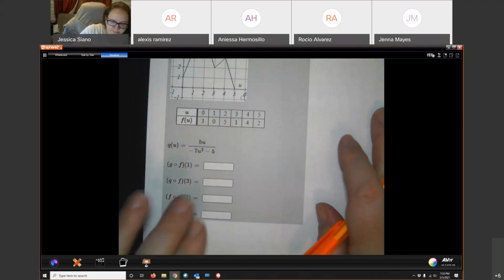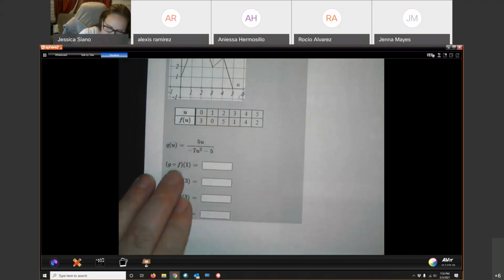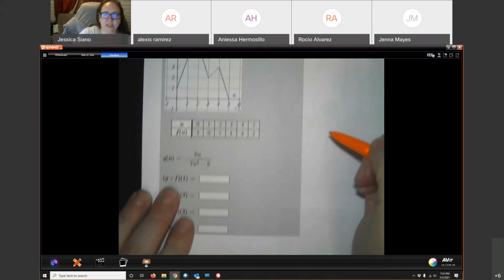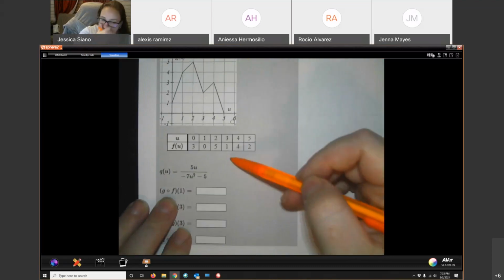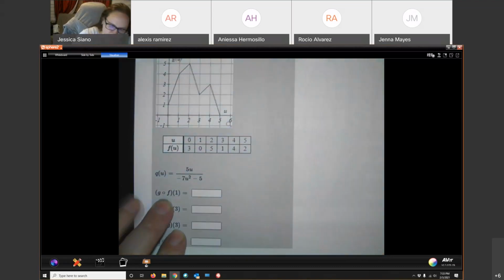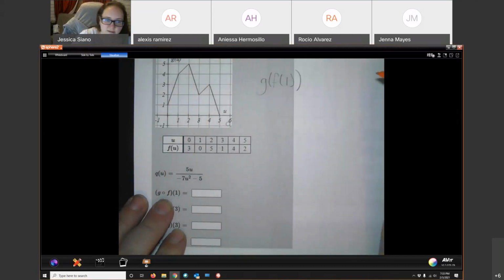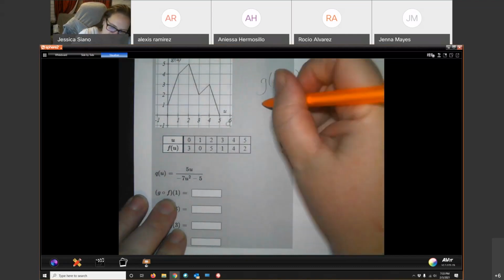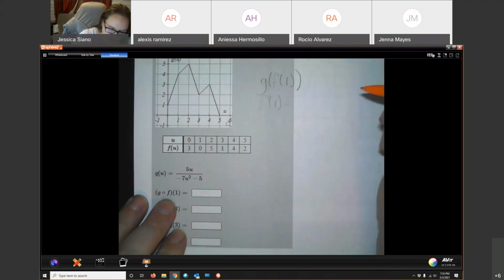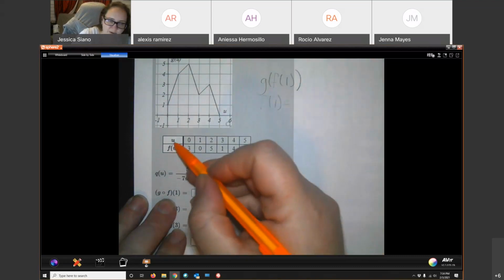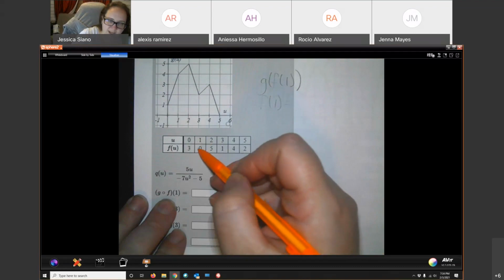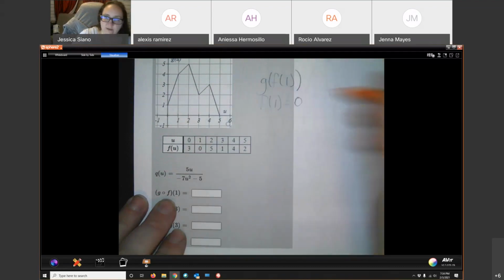Let's practice a few more like that, only here we'll make sure that we can do it with the table and the graph as well. So if we have g of f of 1, the first thing I need is f of 1. So f is the table, and when u is 1, f of u is 0.